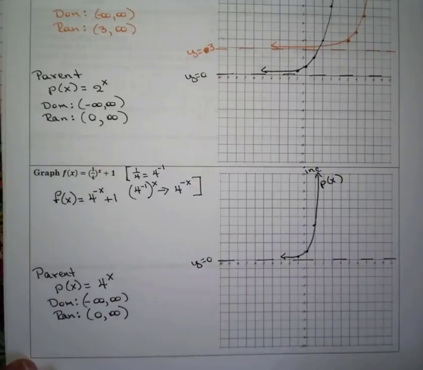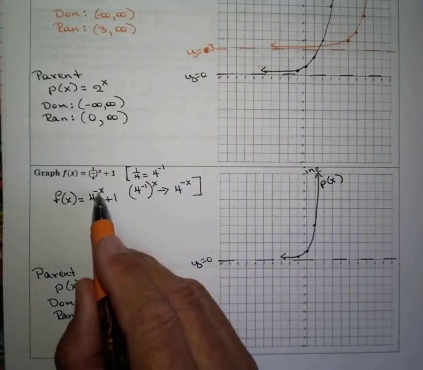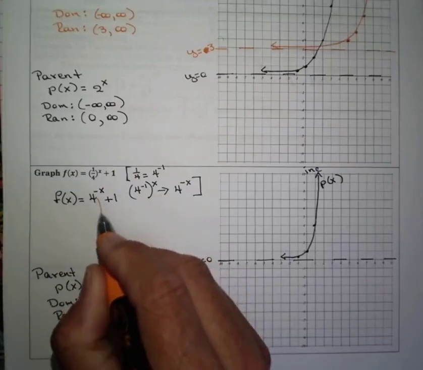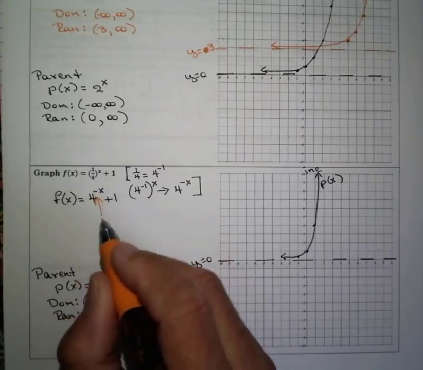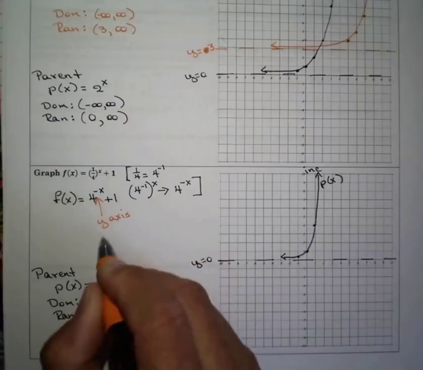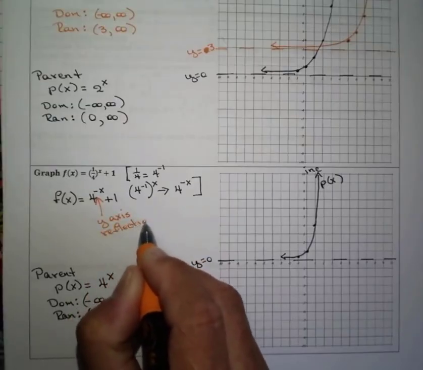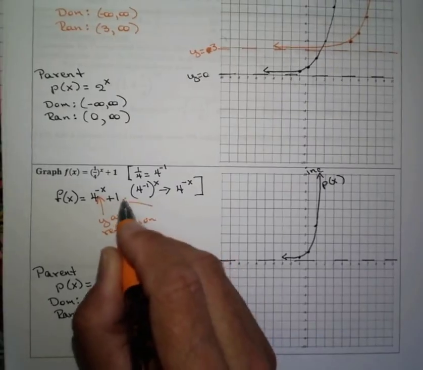Now, let's go ahead and look at our other one. What does this tell us to do when the negative is up in the exponent? When that negative has been added to the exponent, it says this is a y-axis reflection. And of course, the plus 1, you got that one, right?